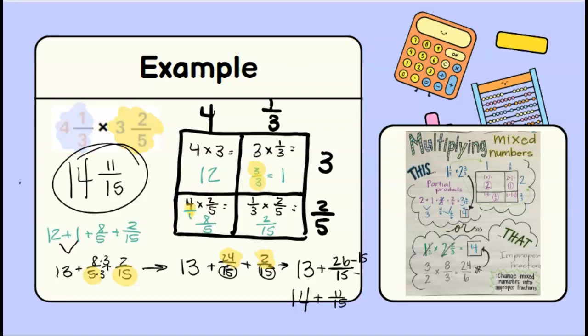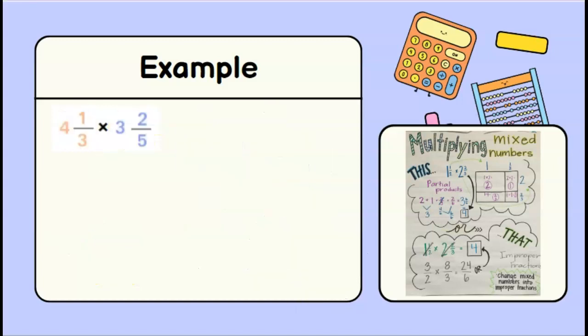Now let's look at our second way of doing this, and that would be by changing them into improper fractions. To change this into an improper fraction, I can multiply the integer by the denominator and then add it to the top.